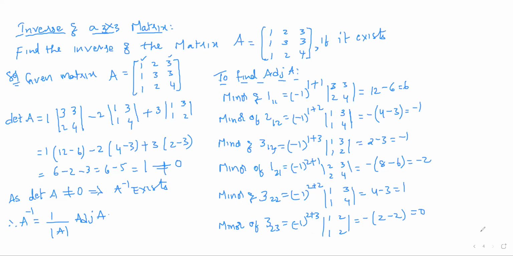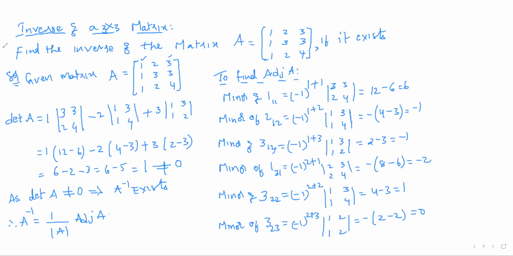Okay, let us go for next page to find the minor of last row 1 2 4. So minor of 1, that is third row first column, that is minus 1 whole to the power of 3 plus 1 into determinant of this element we have to find out.